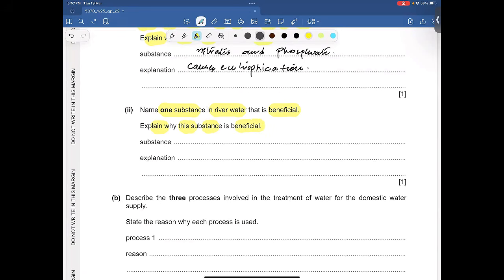Explain why this substance is beneficial. Dissolved oxygen. It is useful for aquatic life and underwater plants.